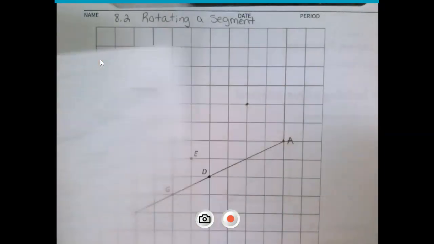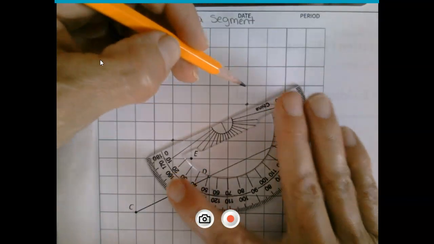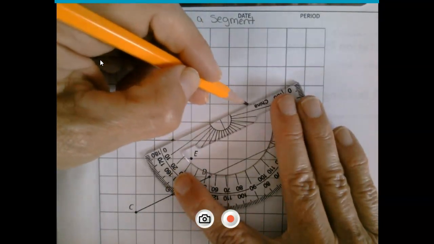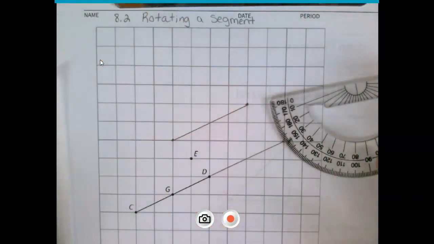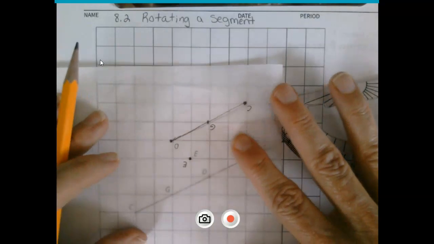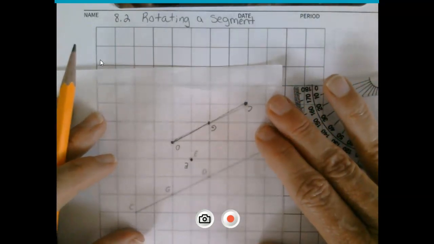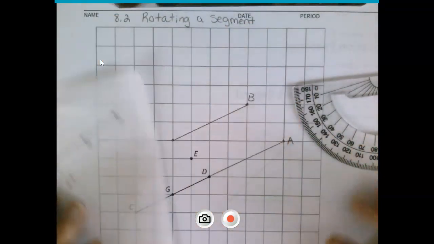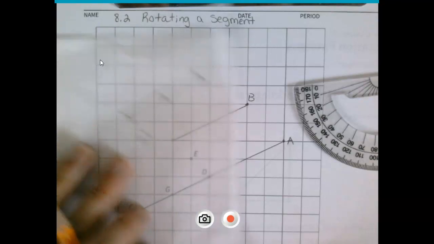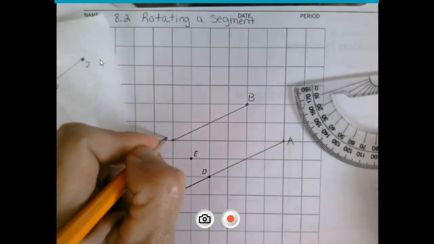So now because they're in the same spot, I'm going to connect my points like this. And what does it tell me to label them this time? It says draw the image and label the image C as B. So if we put this on here, that would be C as B. So that would be B here. And D as F. So we're going to label that one F.